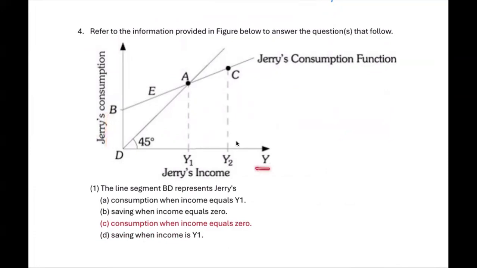And the x-axis is income. So you get the consumption function. Remember, the slope is the propensity to consume, and the intercept is what? It is when his income is zero, he also needs to consume to support his basic life.